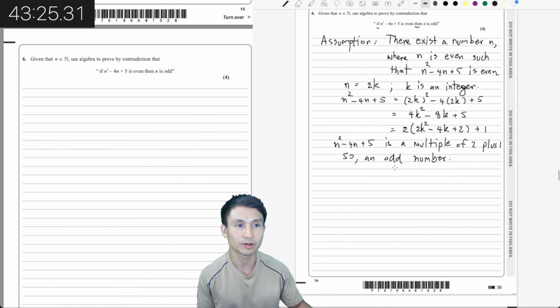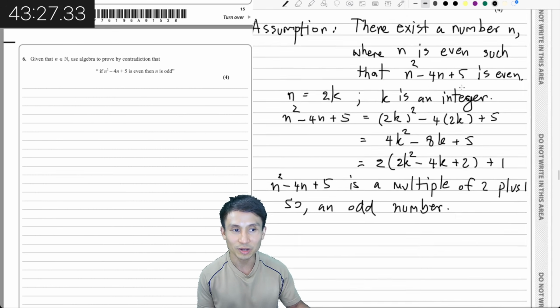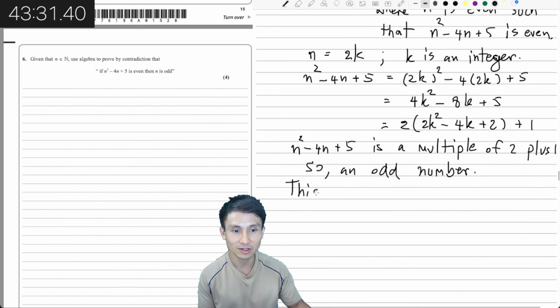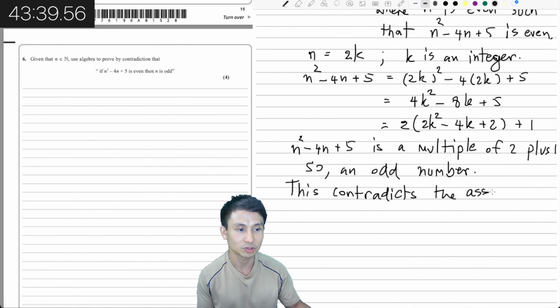It's an odd number. But we assumed at first that it must be even right here. So this contradicts. Yeah, right? We've got to write that. This contradicts the assumption that n squared minus 4n plus 5 is even.